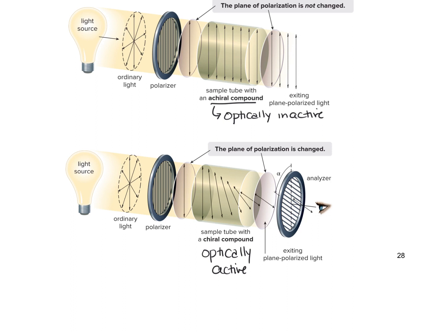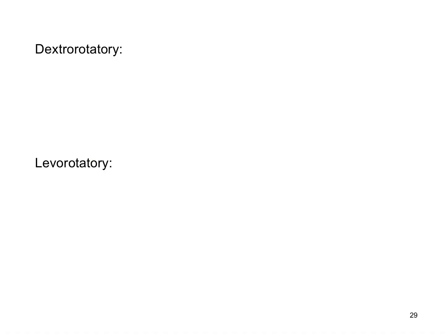So we need to go over a few other kind of vocabulary here when we're talking about optical activity. If the rotation is clockwise, the compound is said to be dextrorotary. So this happens if the rotation is clockwise. And then it's labeled as a D or a positive.